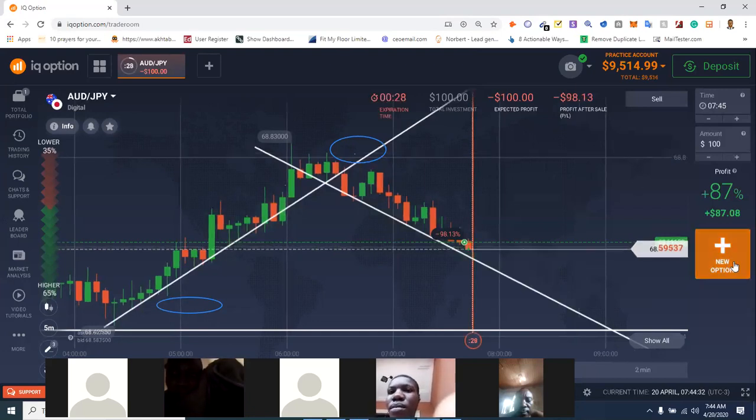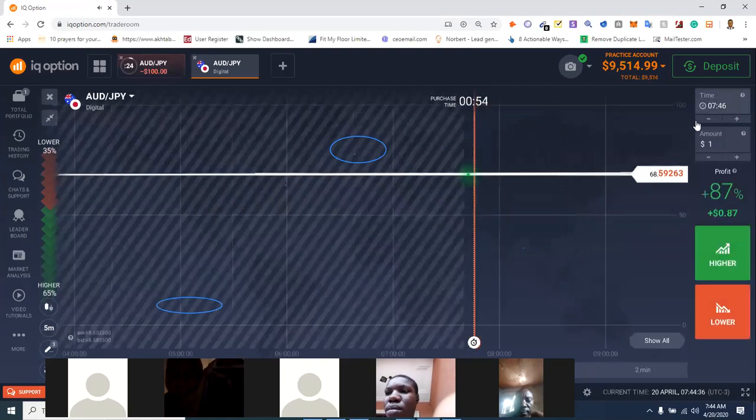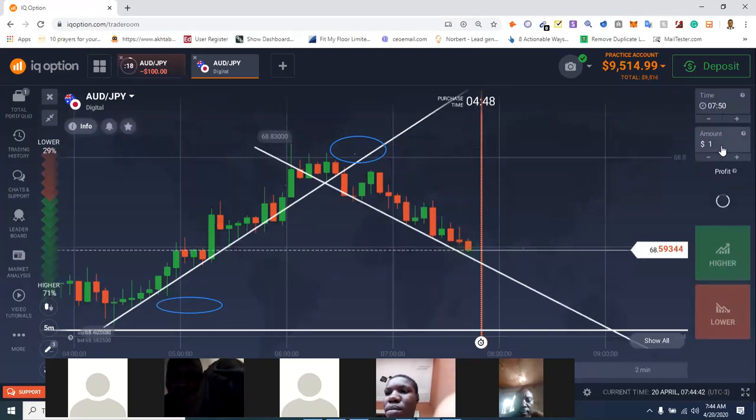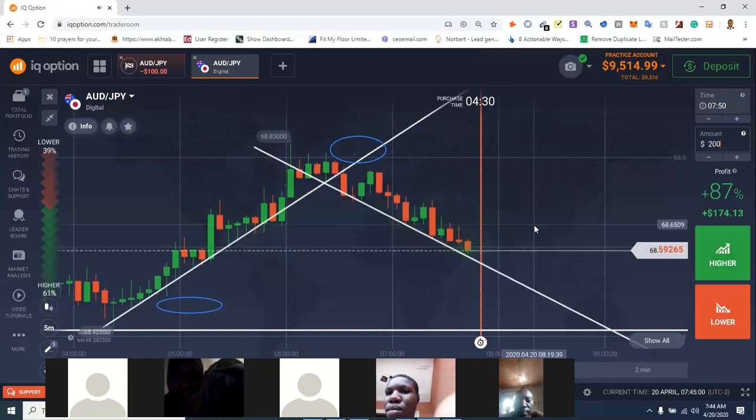You click plus, new option first, click it only once, you change your time to 50, you change your amount to 200, then you wait for 2 seconds before you enter your trade. You have to be very fast. You have only 25 seconds to do that. And make sure you are using a good network, not a network that will break your head.